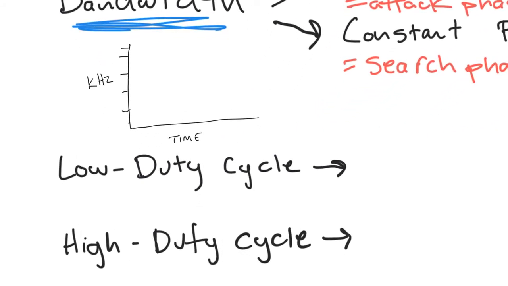Okay, if a call does something like this, then this is the range of frequencies that it's using, right? And so this one is using quite a bit of a range, right?